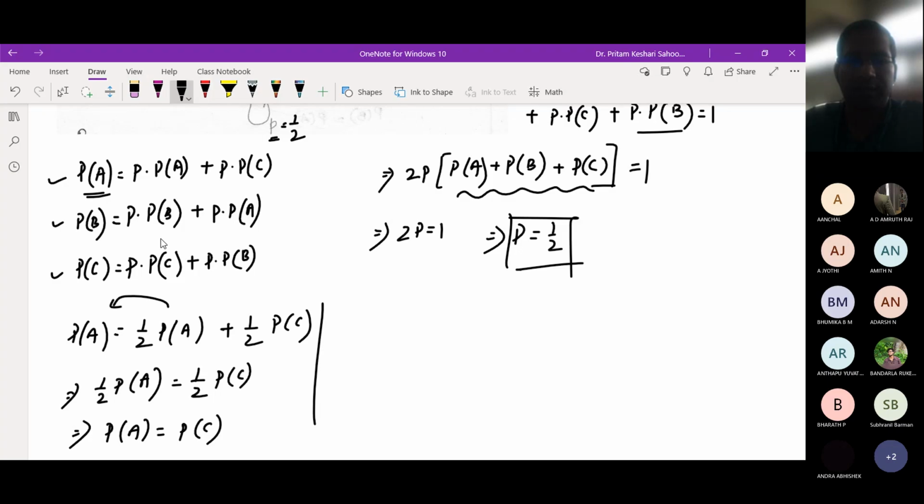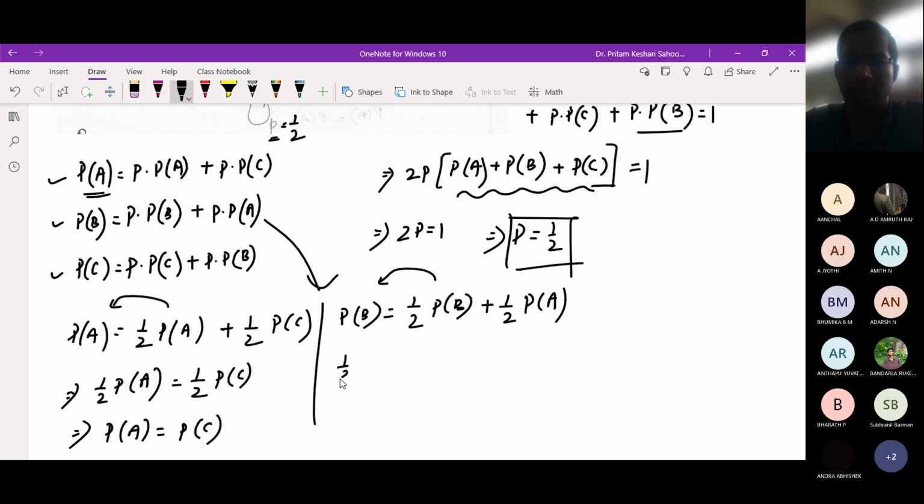Now you can take the second equation. So probability of B is equal to 1 by 2 into probability of B plus 1 by 2 into probability of A. By using the value of P, I have rewritten this particular equation. Again, let us take this term to the left hand side.